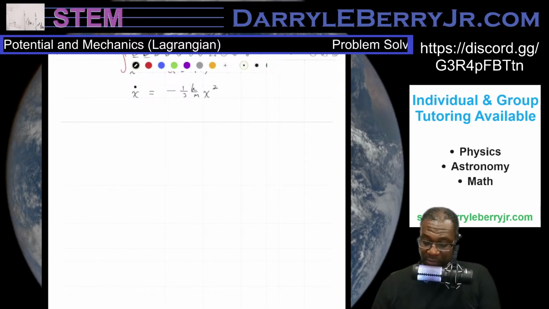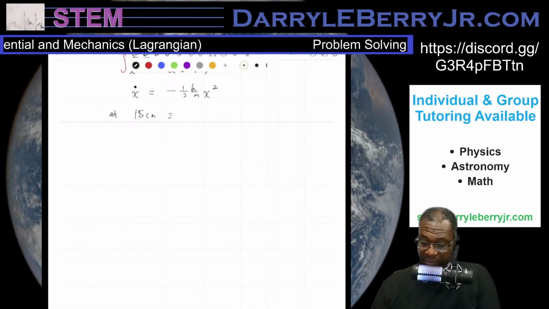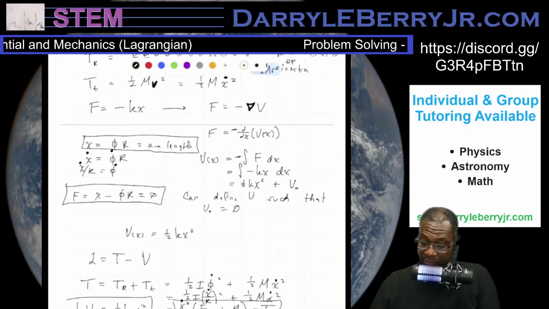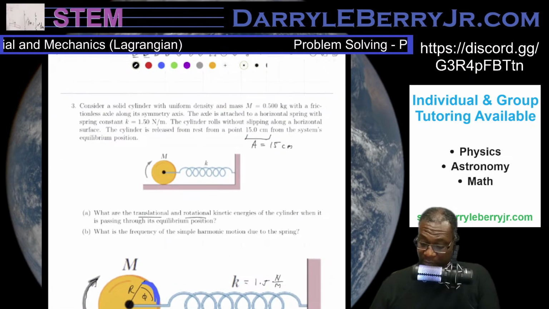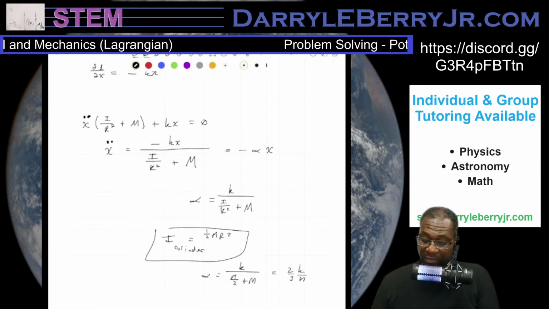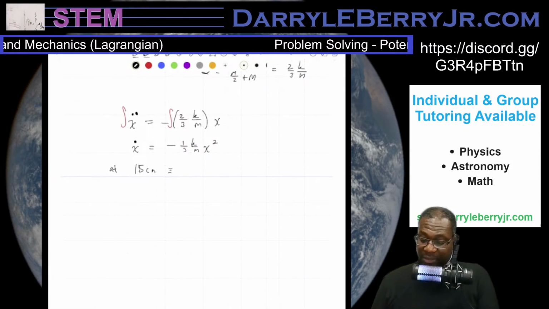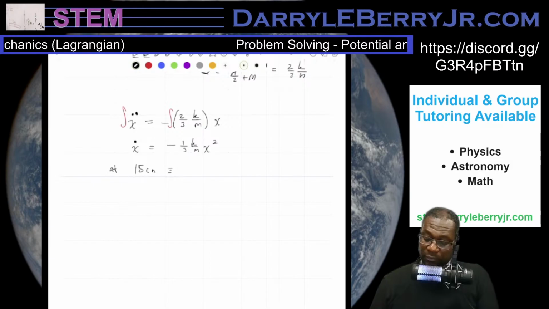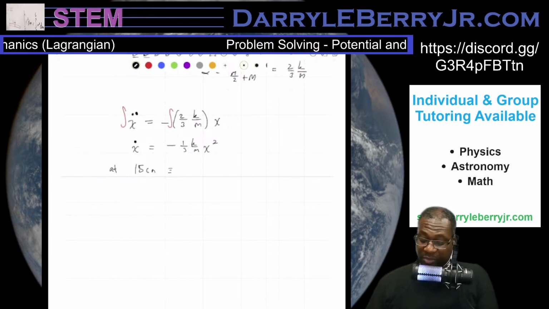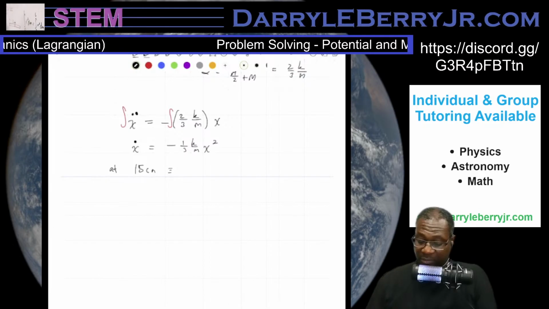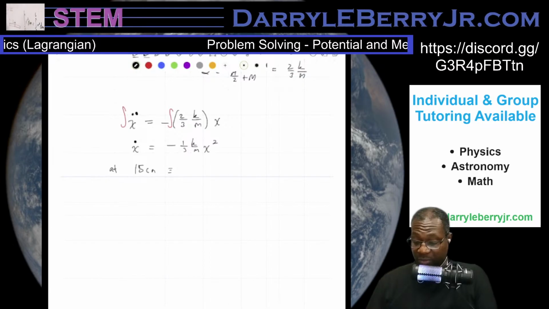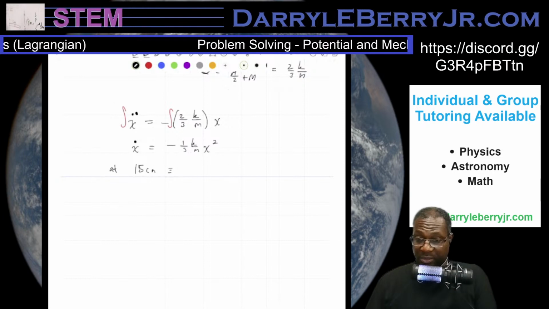So we can say that at 15 centimeters, which equals, it's really 0.15 meters. Isn't that going to lessen the, that's odd. So I put in 15 meters, it gets bigger. But if I put in 15 centimeters, the fraction seems to make it smaller.